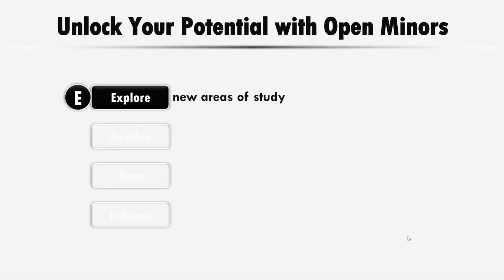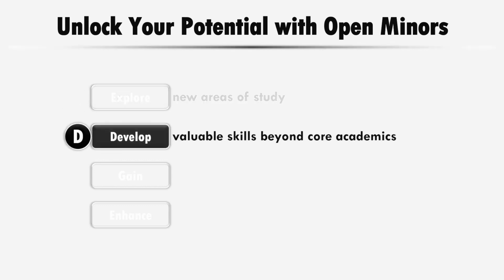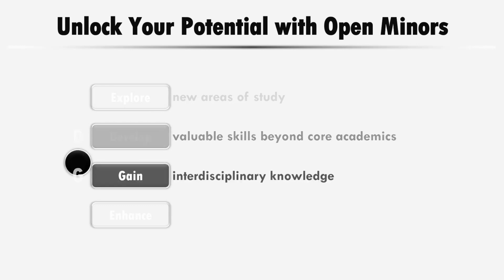Now, what can you get from these open minors? The very first aspect associated with open minors is the exploration of new areas of study. Then, a student will be able to develop valuable skills beyond the core academics.